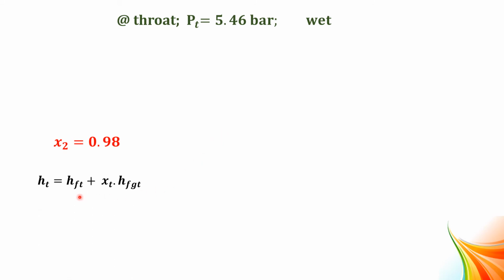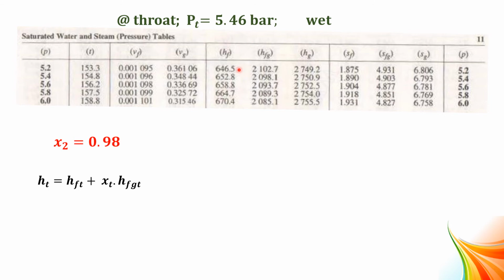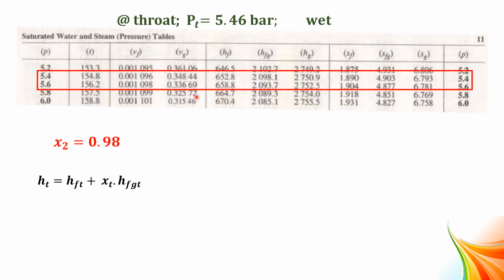So Ht equals Hft plus Xt into Hfgt. We have to find the values of Hft and Hfgt from the steam table corresponding to a pressure of 5.46 bar. Here the 5.46 bar is not there, so we have to interpolate the values and find the value corresponding to the given pressure. So Hf equals 654.76 kilojoule per kilogram, by interpolating these two values.